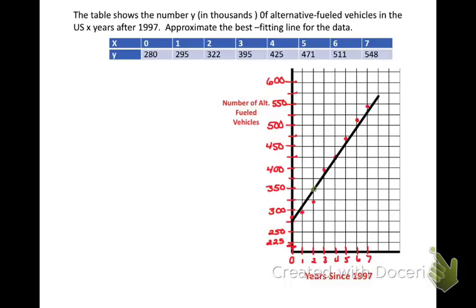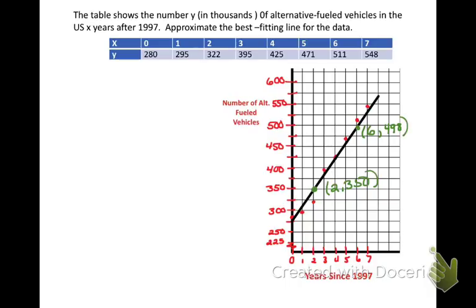So when I look at this, I'm going to put this green point here, and that looks like the point 2, 350. And then I'm going to use another point. I'm going to say it appears like there is one at about right here, which I'm going to call 6, 498.